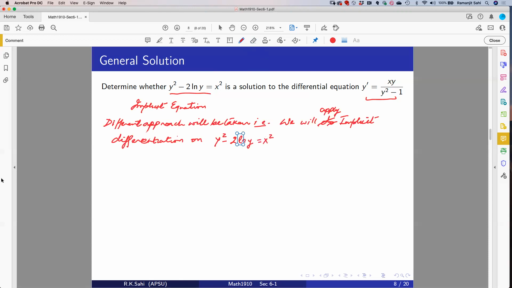Okay, so let's start. So y squared minus 2 natural log of y equals x squared.